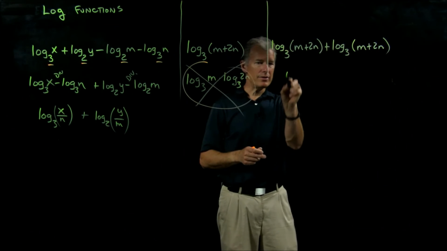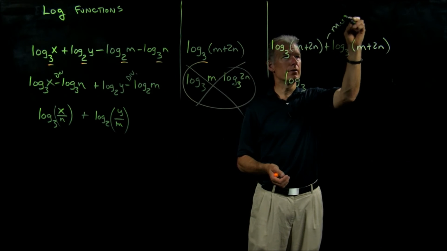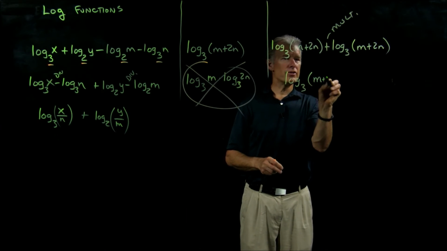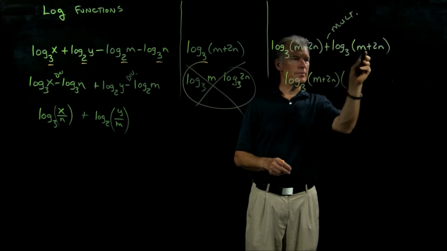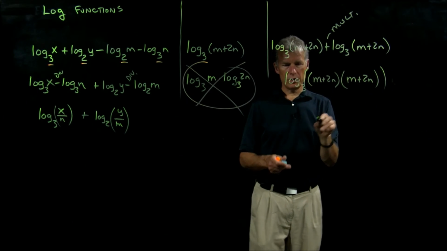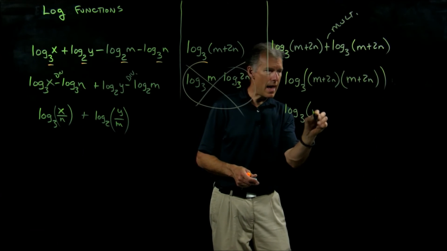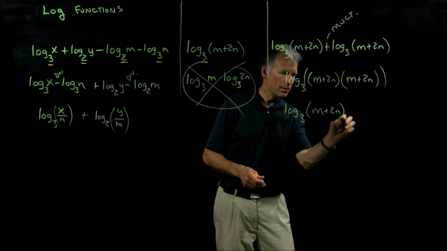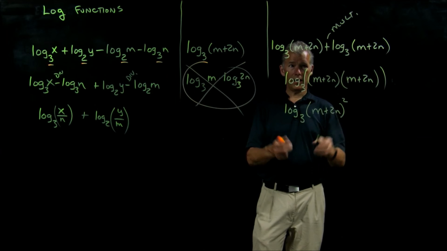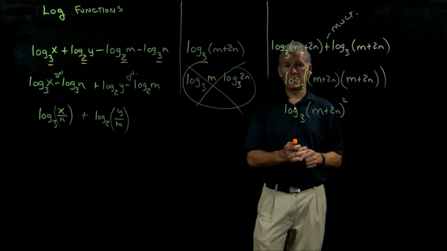So I could rewrite this then as a log base 3, so this is addition says to multiply, and you multiply the argument, so this would be m plus 2n times m plus 2n, which would be nicer to write it as log base 3 of m plus 2n squared. And that's fine, you could move the 2 in front, but I don't know if there's any advantage to doing it that way.